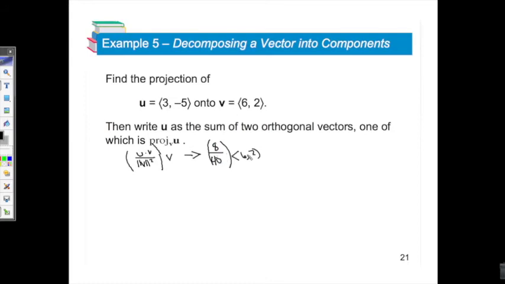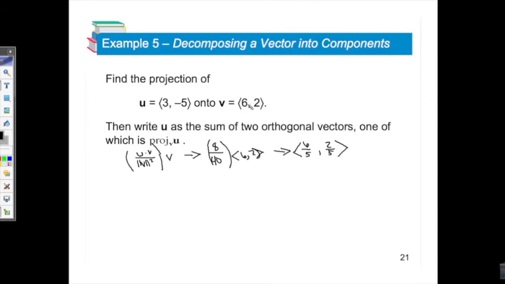So what I have here is the fraction 8 over 40, which is then going to be distributed into both the 6 and the 2, the vector 6, 2. When I distribute 8 over 40 times 6, I get 6 over 5. When I distribute 8 over 40 to the 2, I get 2 over 5. So that is my projection vector right there, 6 over 5, comma, 2 over 5.